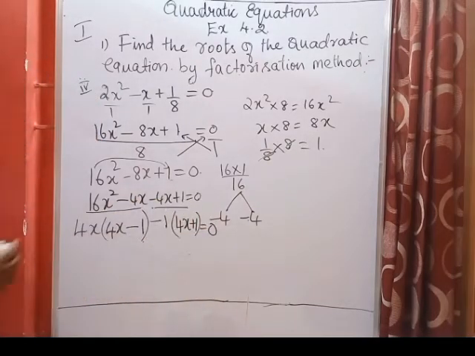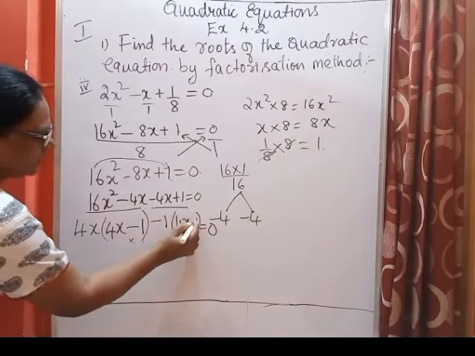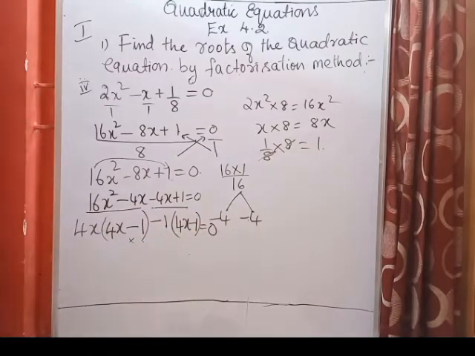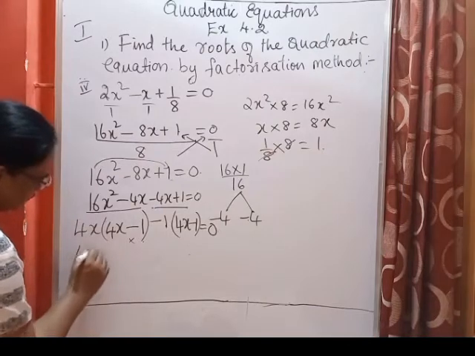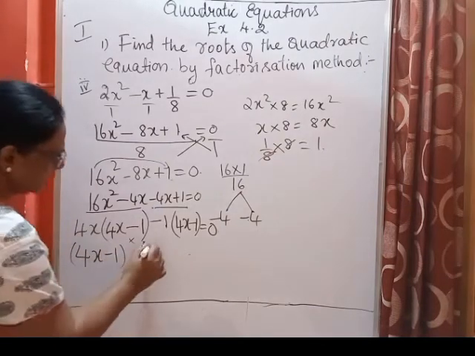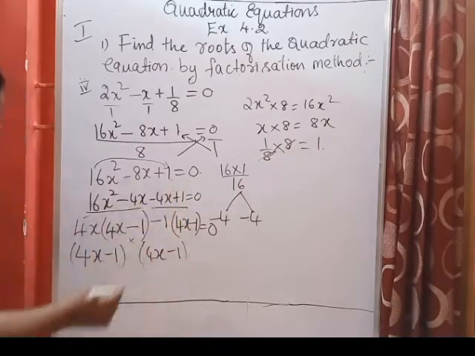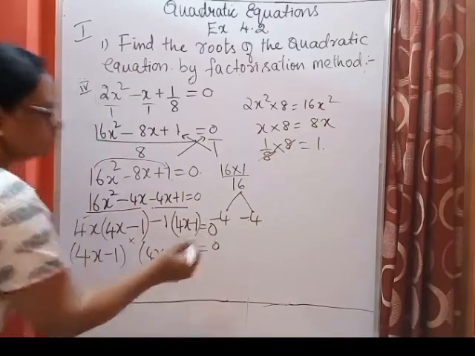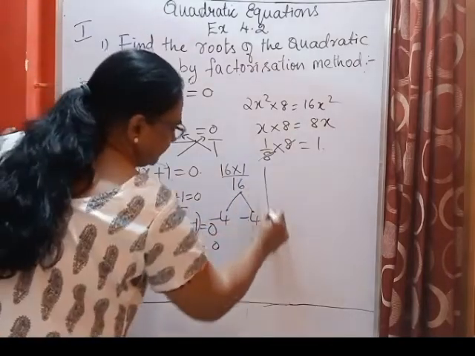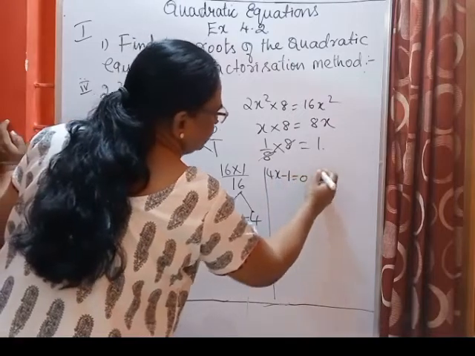Now 4x minus 1, here also minus is taken out as common factor, so here you will get minus. Again 4x minus 1 into here remaining 4x minus 1. This is equal to 0. Now factors: 4x minus 1 is equal to 0.